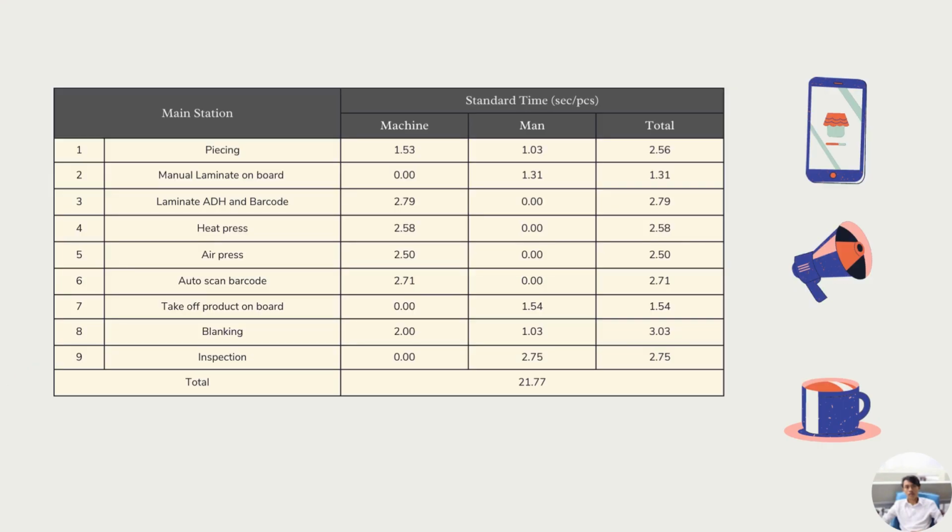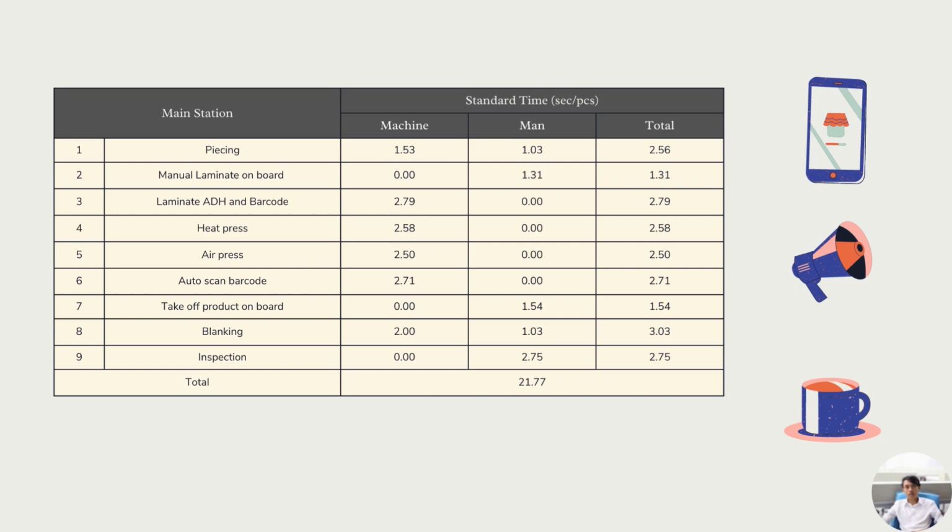For this table, there are standard times. So the breaking process is the most time-consuming, and the second time of this process, this product is 3.03 seconds per piece.